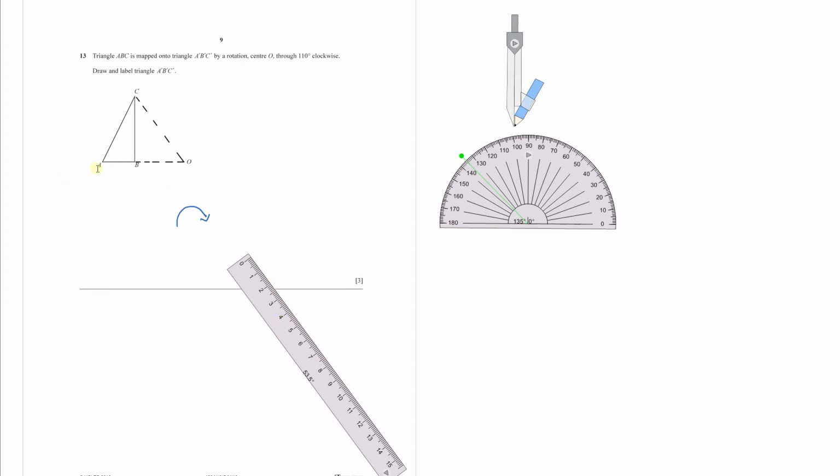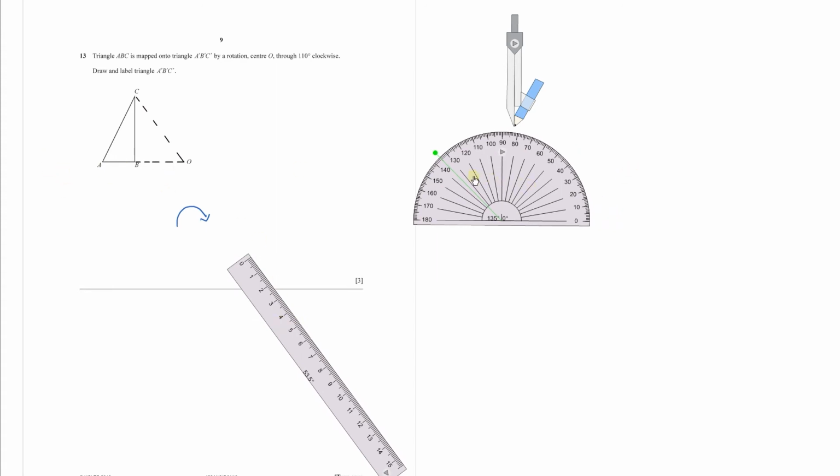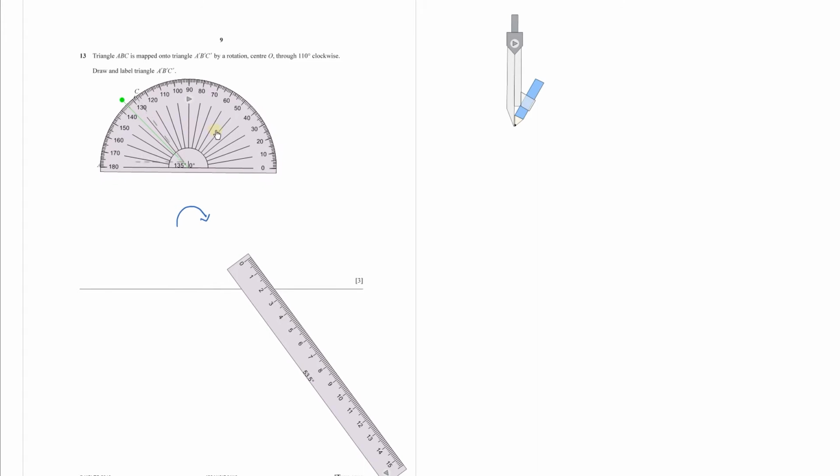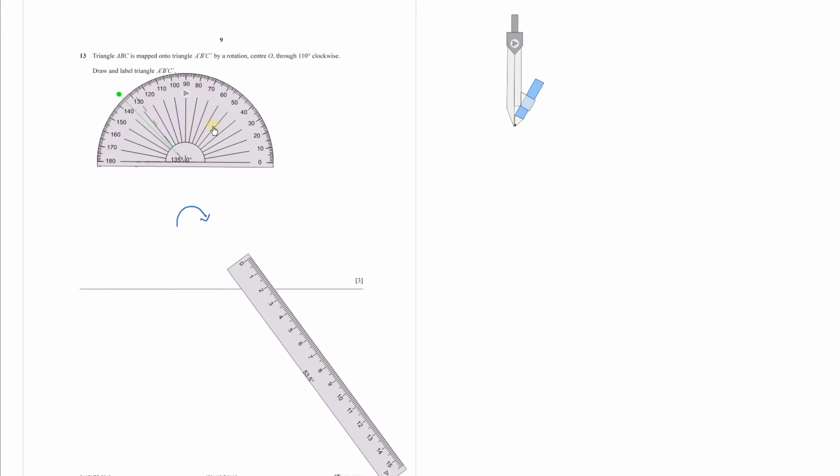So let's start with point A. Let me put my protractor at the center here, right about here. So this is at 0 degrees. So my 90 degrees here, and then I have to go up till 110. So 90, 100, and 110 where this 70 is marked.